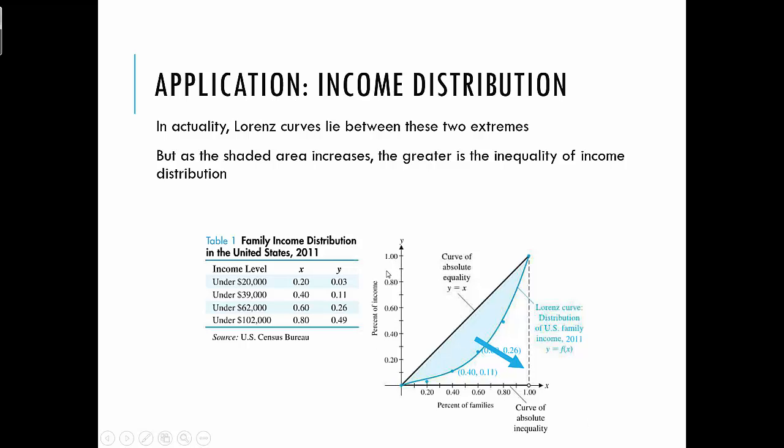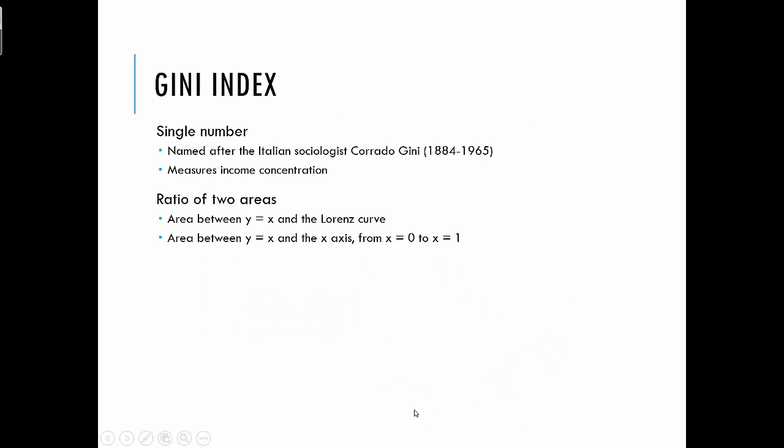So that's what we're looking at, to see if, as the shaded area increases, the greater the inequality is. So this Gini index gives a single number, and it is based on this ratio of the area of these two areas. The area between y equals x and the Lorenz curve, and the area between y equals x and the x-axis from 0 to 1.